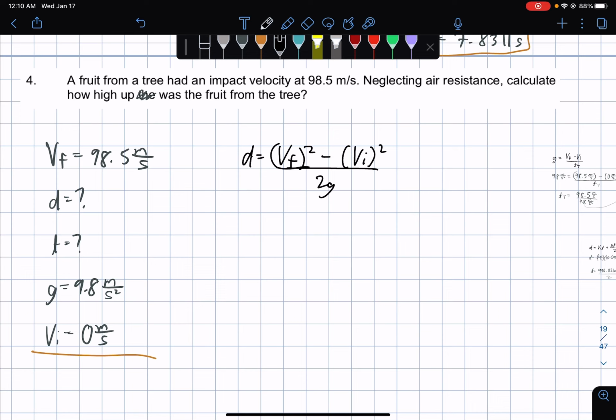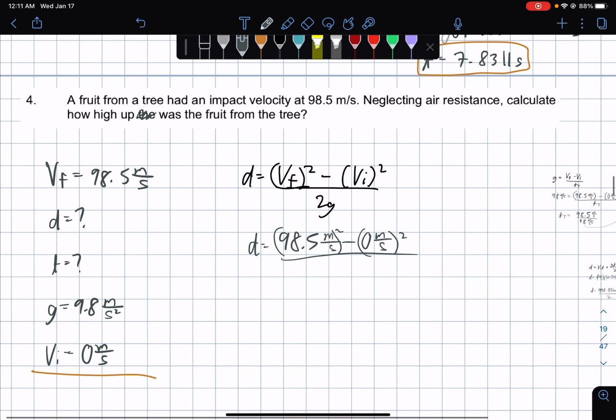Anyways, I'll just write it. Two times G. G is 9.8.